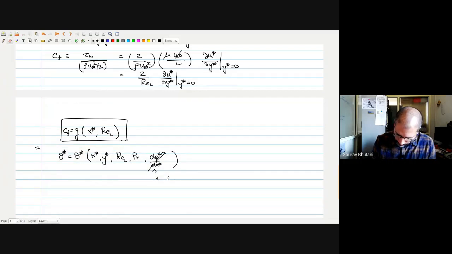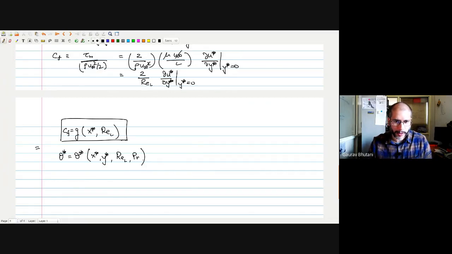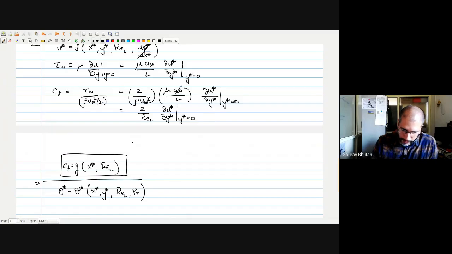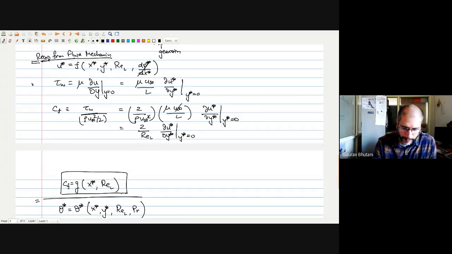So here we don't need the dp star by dx star because we are taking a flat plate. So my theta star is a function of x star, y star, the Reynolds number and the Prandtl number, as we saw earlier.